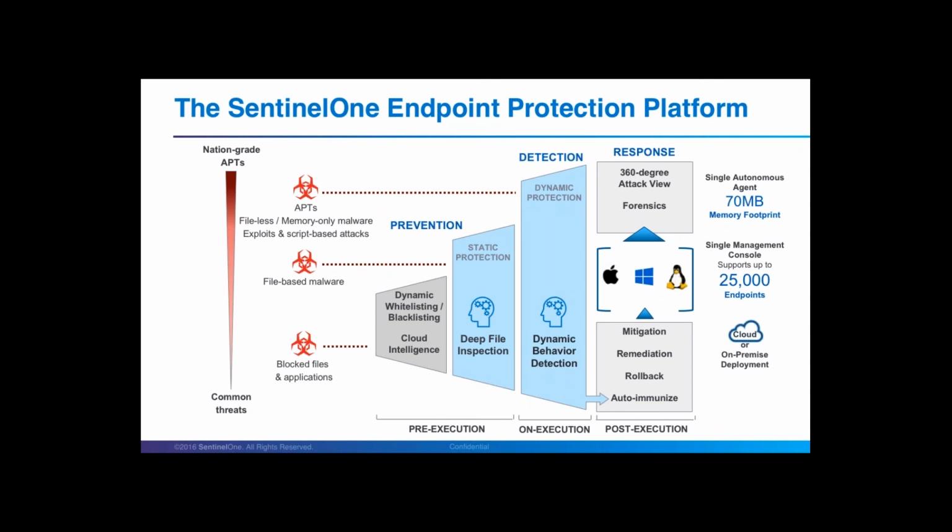That's the static analysis of executables before they are allowed to run, and that allows us to determine a whole other group of malware. That is limited, of course, to files. If you don't have a file, you have nothing to analyze, but it is a useful tool in that prevention mechanism. We then move to our on-execution phase, and this is our dynamic behavioral analysis.